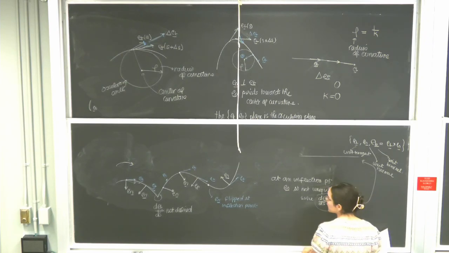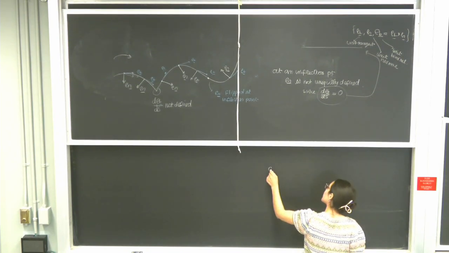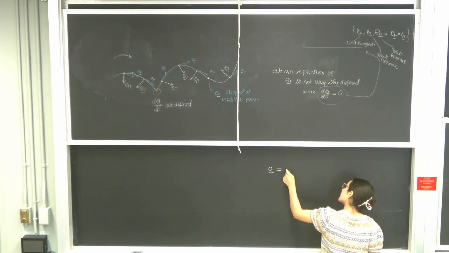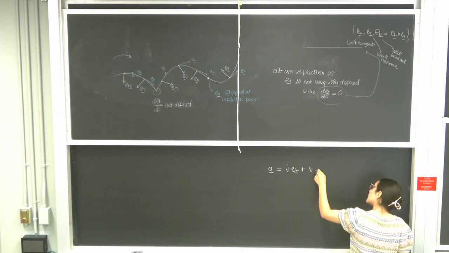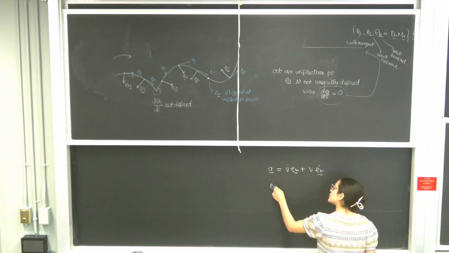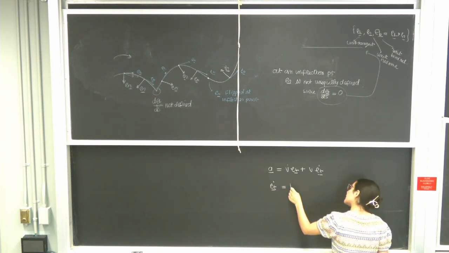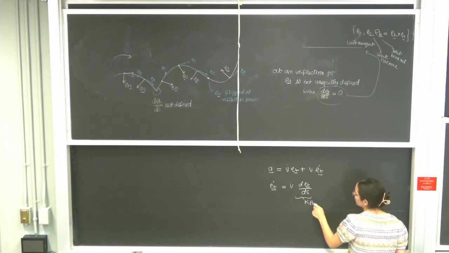And going back to the expression of the acceleration, recall we had that A was v dot et plus v et dot, and et dot was v dEt by ds, and we said that's equal to kappa en.